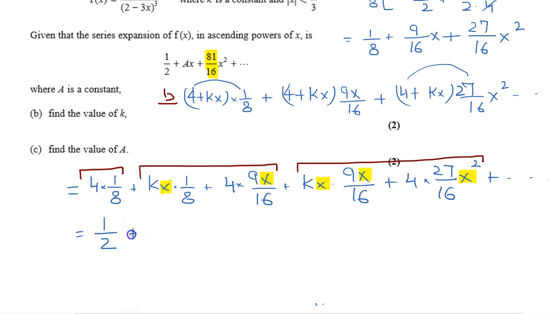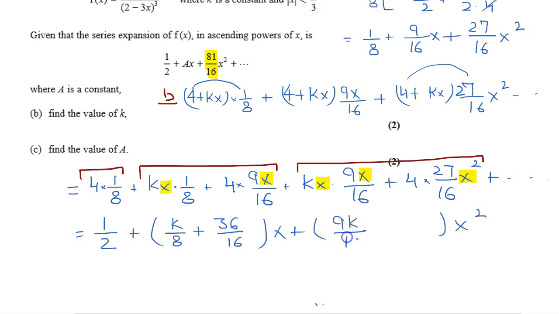So now this is equal to plus, in this we have x common, so it is k over 8 plus 36 over 16 plus, here x square is common, so 9k over 16 plus 27 times 4 is 108 over 16 x square.